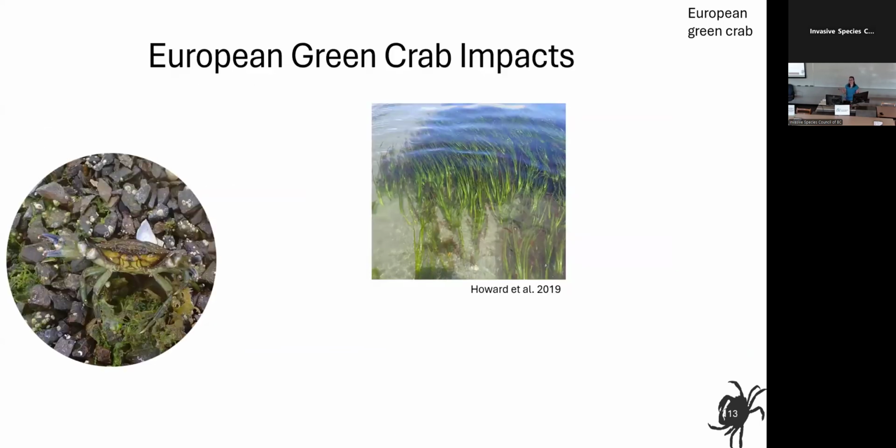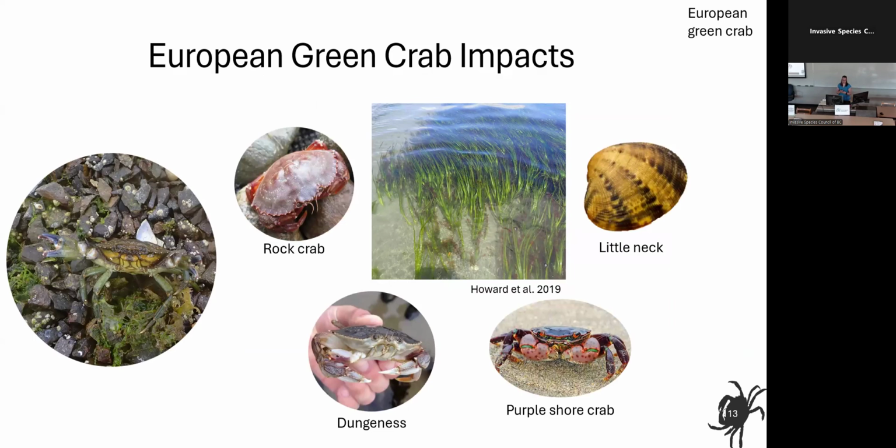Again, a quick look at impacts. Obviously, altering habitats, specifically eelgrass, important fish rearing and spawning habitats. And of course, the consumption and competition of native species, some of which are important commercially, other ones are quite important for coastal communities, not only for sustenance harvest, but for cultural reasons as well.